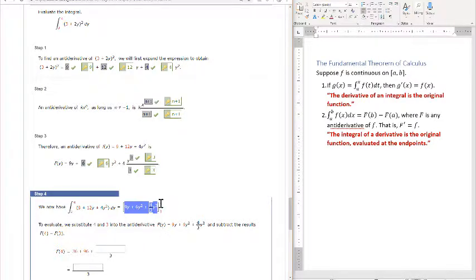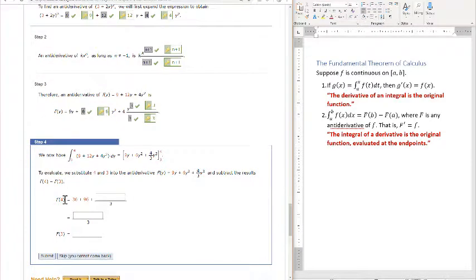And so we want to evaluate this at 4 and at 3. To evaluate, we're going to substitute 4 in, and then 3 in, and then subtract. So when we put 4 in there, we get 9 times 4, 6 times 4 squared, so that's 6 times 16 is 96. And then we have 4/3 times 4 to the third power.